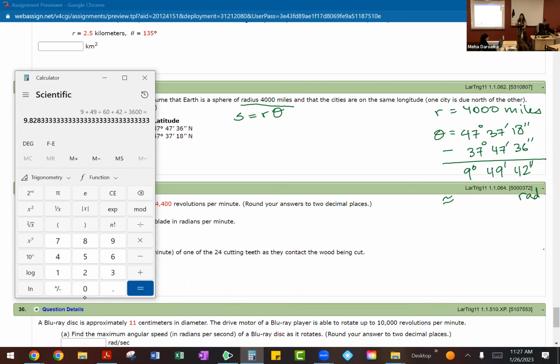This should be the decimal form of degrees. We have 9.828333 repeating, and this will be in degrees, and now you want to convert this into radians.